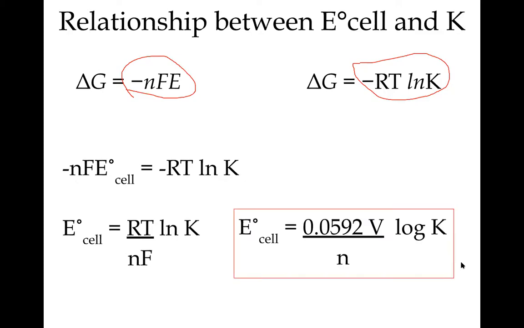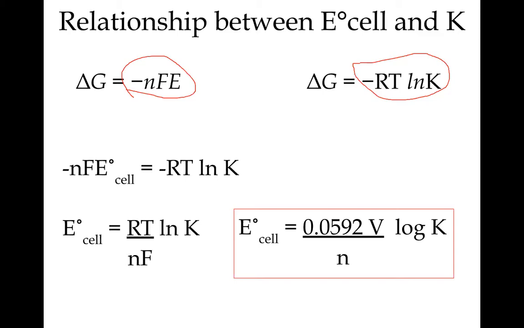Now, when we put it all together, we end up with 0.0592 volts over N times the log of K. And so how did we get to that?